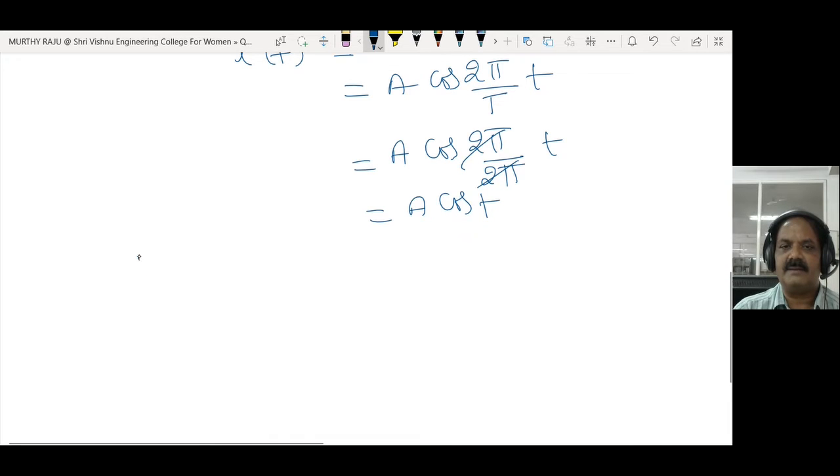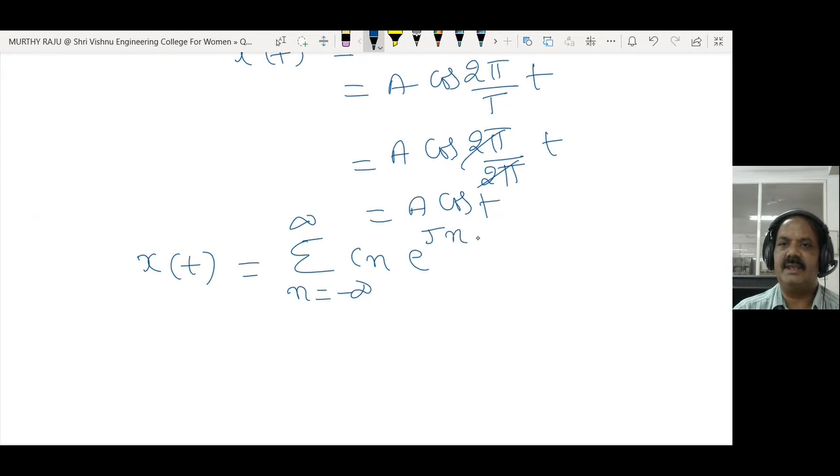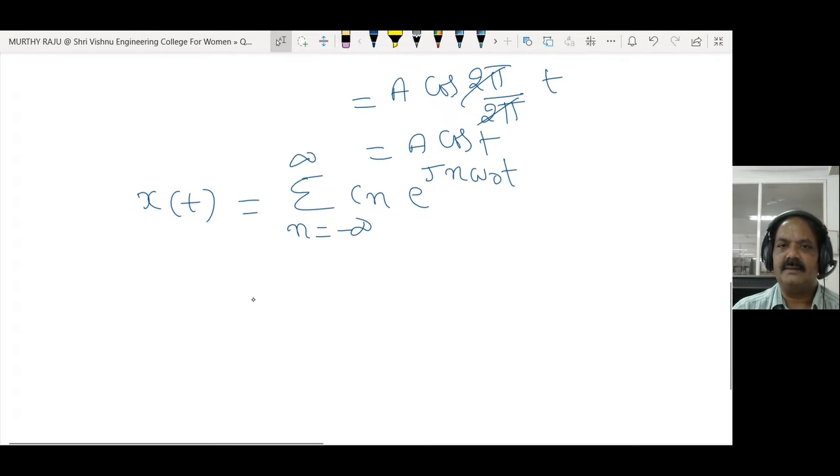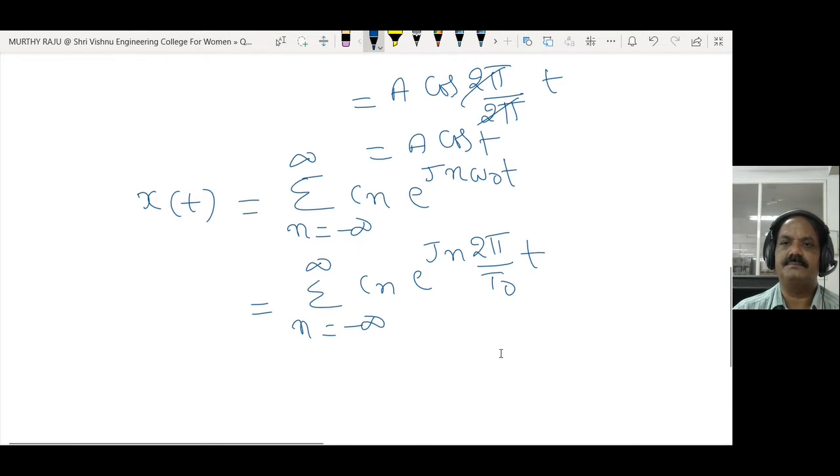The exponential Fourier series of any periodic function x of t is given as the sum from n equal to minus infinity to plus infinity of Cn e power j n omega naught t, where omega naught is 2 pi by T0 into t.